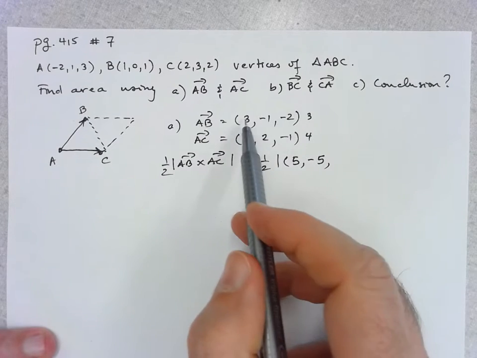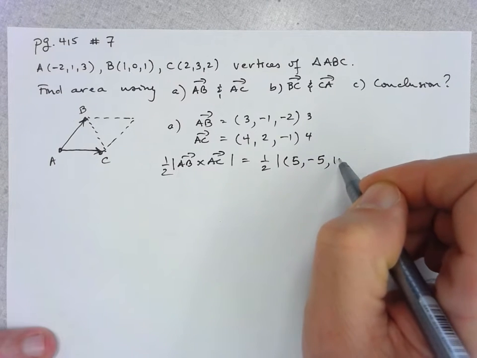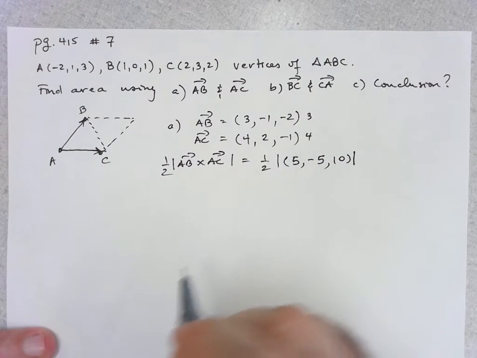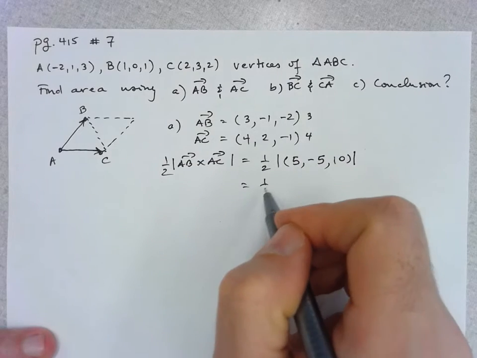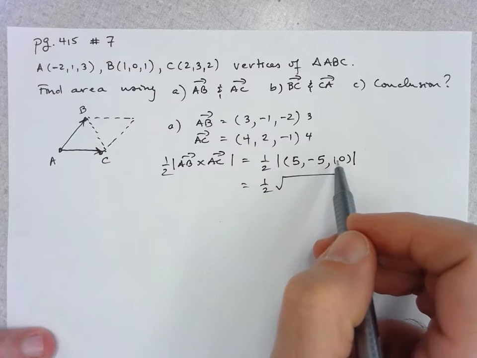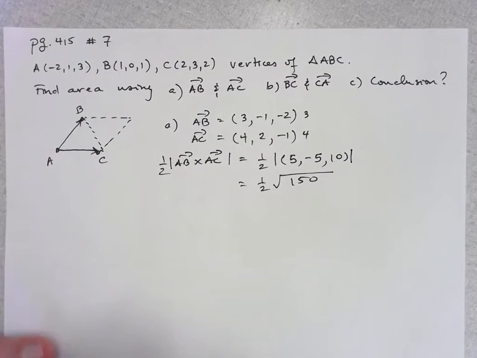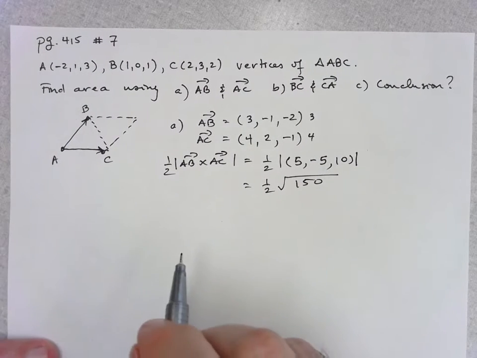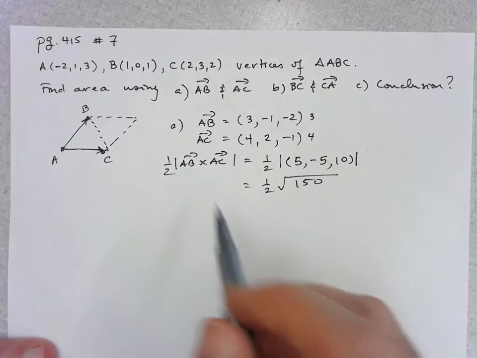And then here we've got 6 minus negative 4, so 6 plus 4 is 10. And so we're looking for half of the square root of 25 plus 25 is 50, plus 10 squared is 100, so 150. This is the area of the triangle, and of course you can simplify that, but I'll leave it as is, using these two vectors.